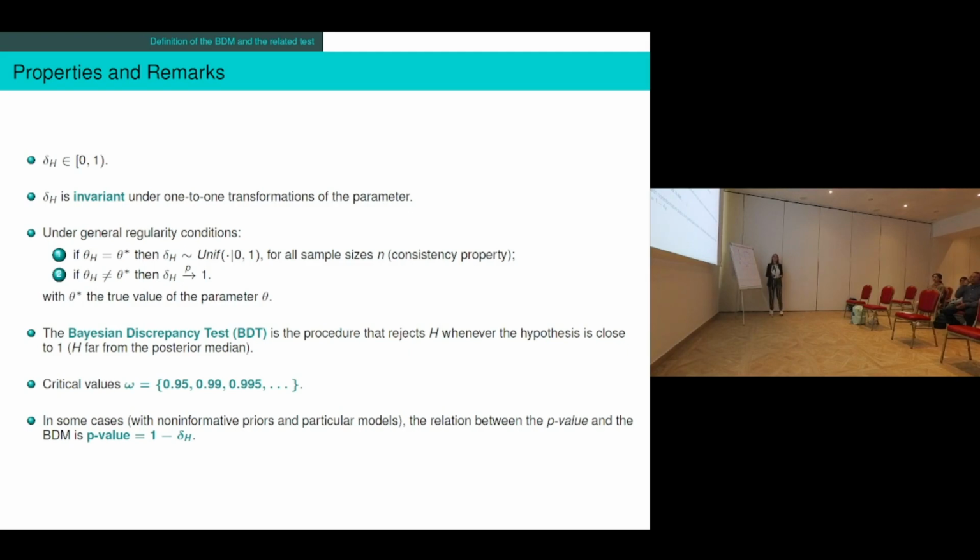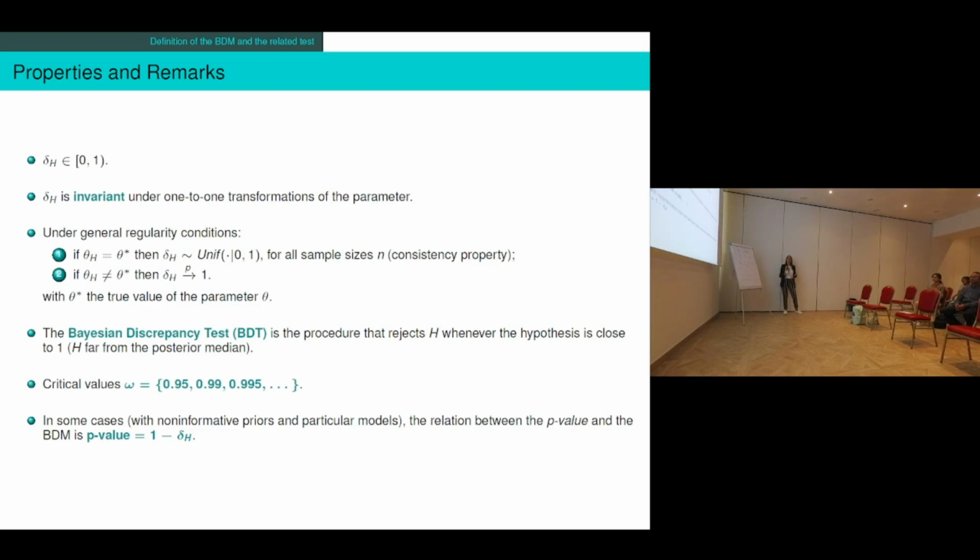For example, it is invariant under one-to-one transformation of the parameter, and it also has the consistency property. So if the hypothesis is equal to the true value of the parameter, then the BDM follows a uniform distribution in the interval 0, 1, while otherwise the measure will converge to 1 in probability.